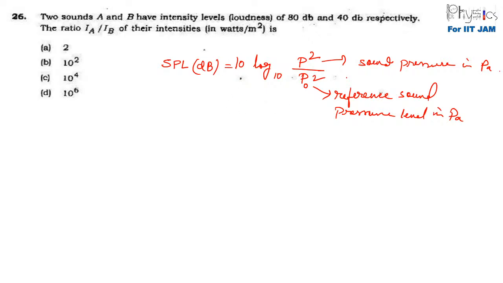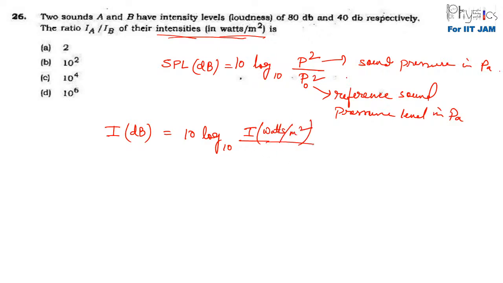But in case of intensity, that is in watts per meter square, it was intensity in dB equals 10 log base 10 of intensity in watts per meter square by reference intensity in watts per meter square. Okay, it was our formula.